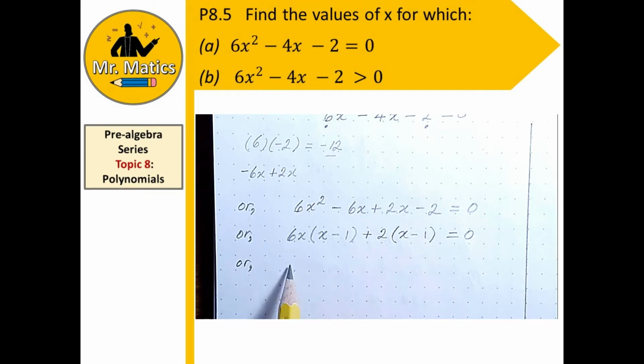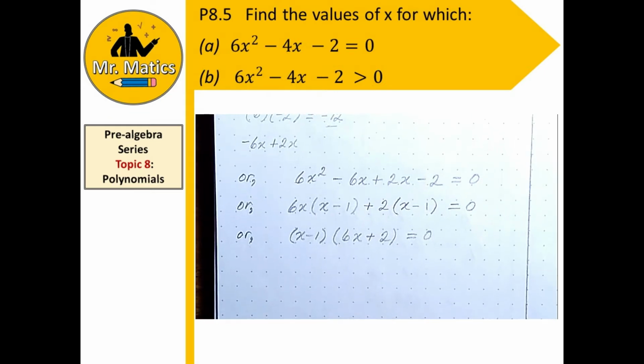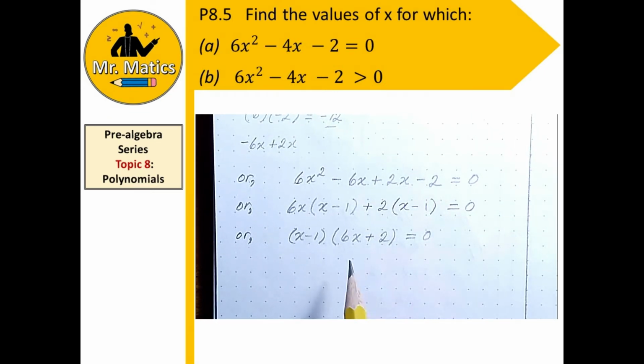So let's take it out. x minus 1 times 6x plus 2 equals 0.